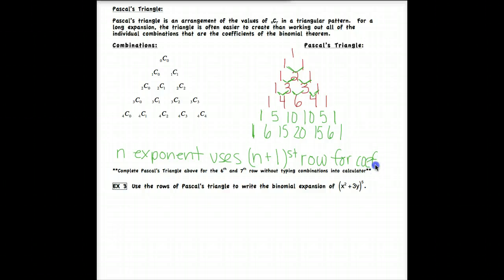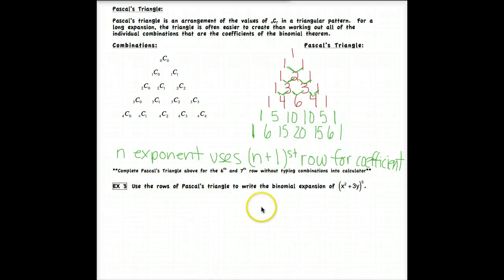So basically, instead of having to use the pattern for the combinations, you can just use the row to come up with the coefficients. Now, you're still going to have to know the patterns on the A and the B. So remember that the middle term, the A term, starts out at n and goes down, and the other B term starts out at 0 and goes up.